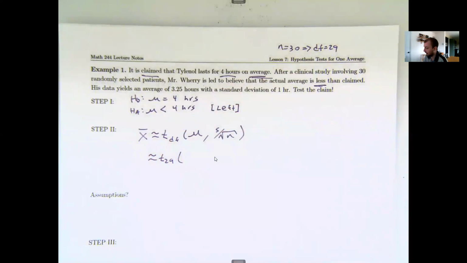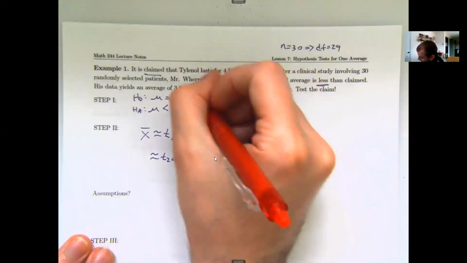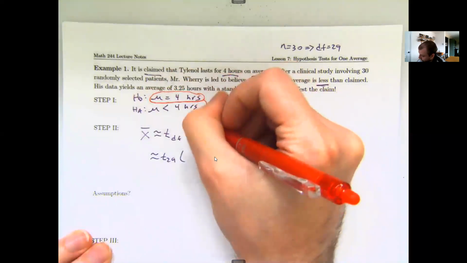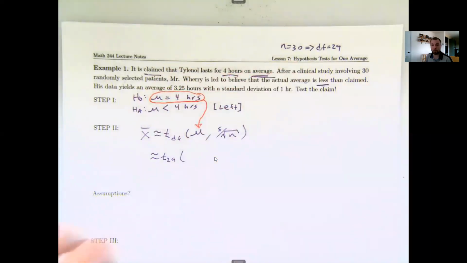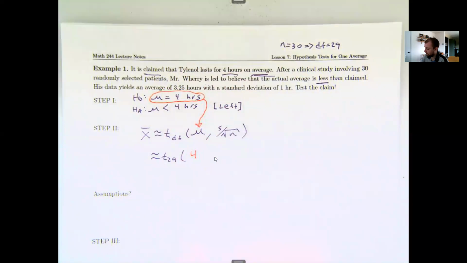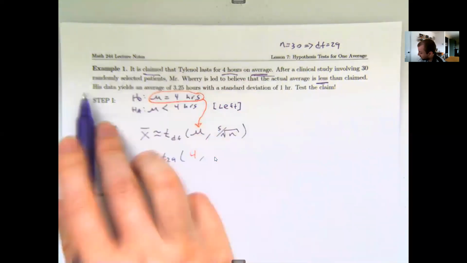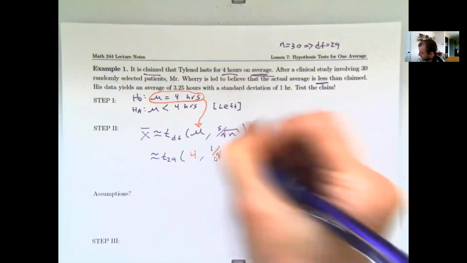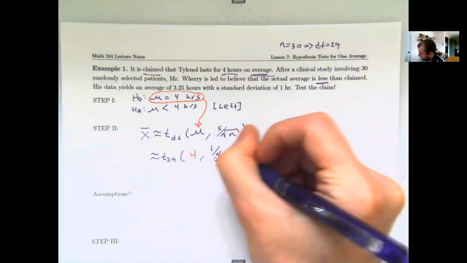Whatever number I have for my null hypothesis, I'm going to assume it's true. I've said every time mu shows up, it's 4, so I'm going to be putting 4 in for my center. S is my sample standard deviation of 1. And N, I'm looking at 30 samples.